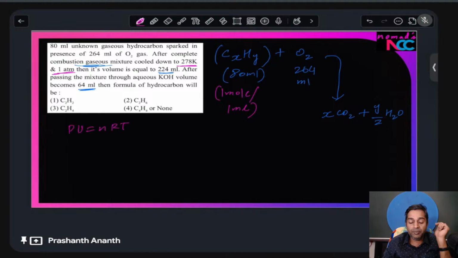So if pressure and temperature are constant, then V is equal to n into RT by P. Temperature and pressure are constant, so this entire RT by P term is also going to be a constant. So volume becomes directly proportional to n if P and T are constant.